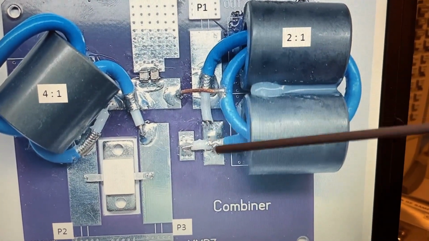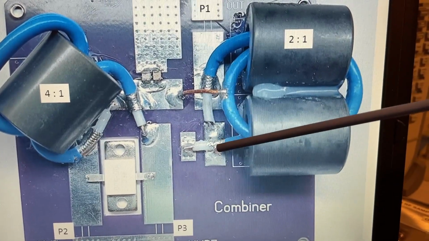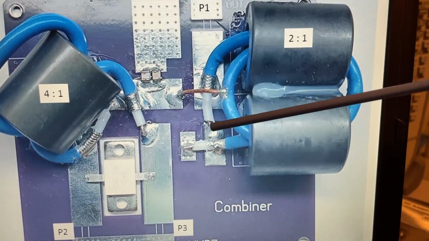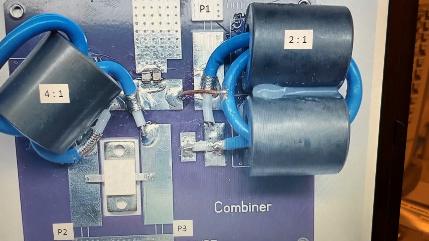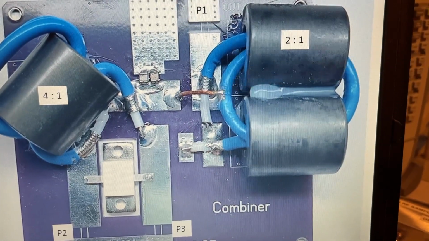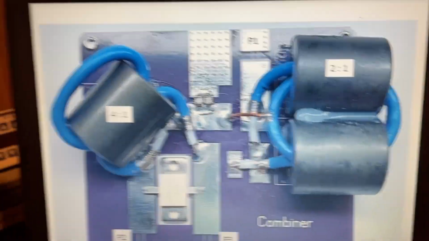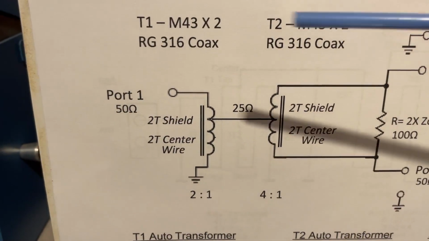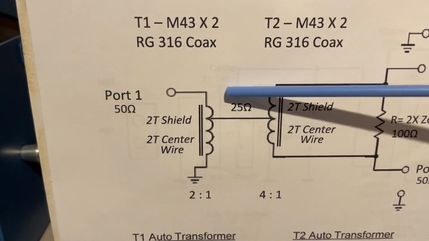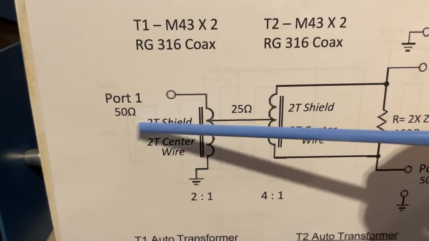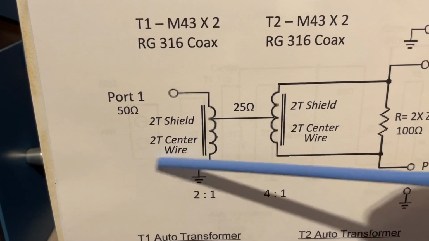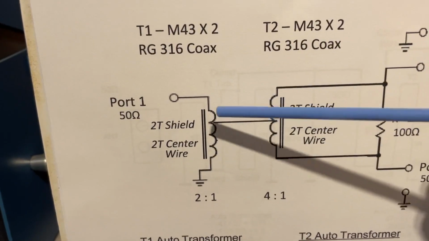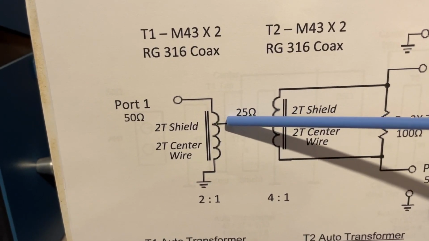That this point here joins the shielded winding with the center conductor, and you have 2 turns and 2 turns with the center tap after the single winding. So let's take a look. It's exactly what we have here, right? We have 2 turns and 2 turns, so 4 turns, 2 for the shield, 2 for the center conductor, but it's center tapped after 1 turn.